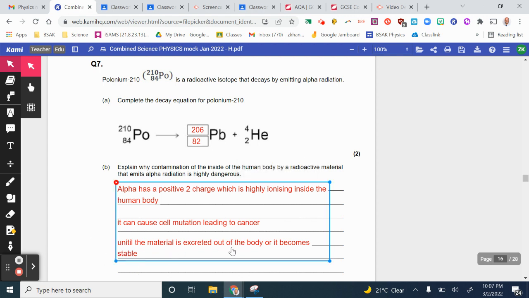But sometimes this gets into your cells and you can't excrete it out. So you end up with radioactive poisoning and radiation sickness, and that ultimately leads to death.